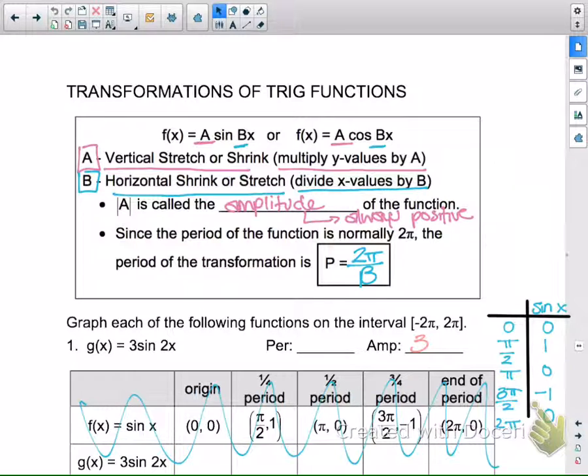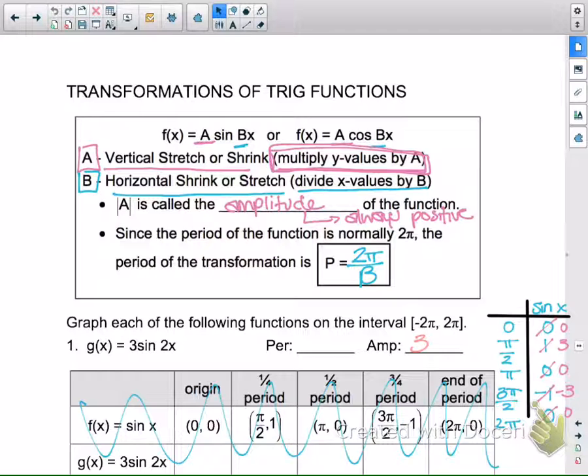The x's or the y's? Multiply the y's by A. All right? So I'm going to go through this table, and I'm going to take my y values, and I'm going to multiply each of them by 3. Easy enough?